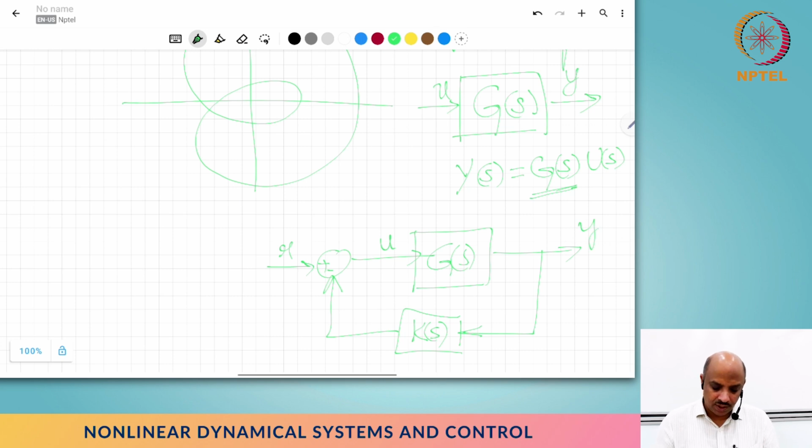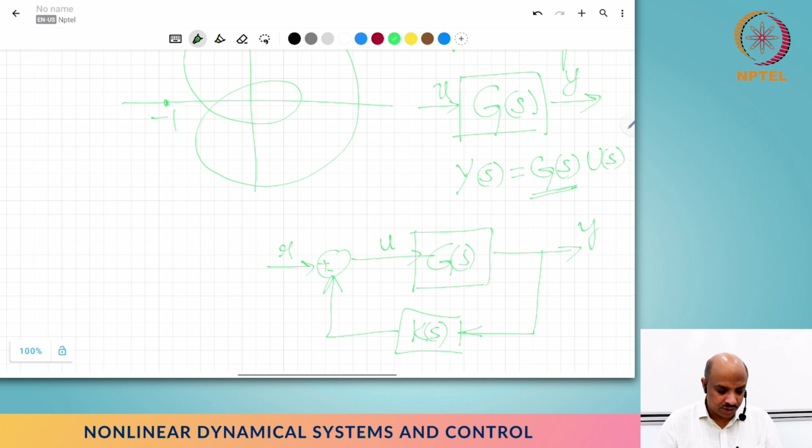By looking at what they call the open loop poles of this particular thing, and then the number of encirclements of the point -1 and things like that, they conclude the stability of the closed loop system, right?